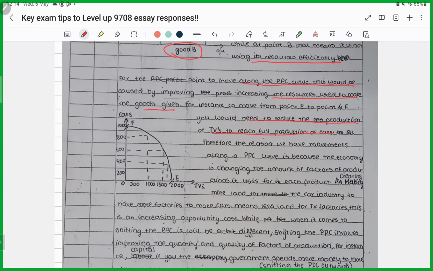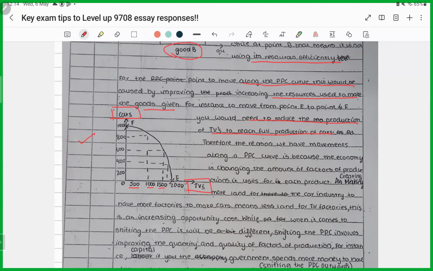So now again a second PPC is drawn by the candidate, and now on the vertical axis cars are displayed, on the horizontal axis TVs are displayed, and a schedule is given. Certain figures are given in order to show how much of each type of good must be given up in order to produce more of the other.